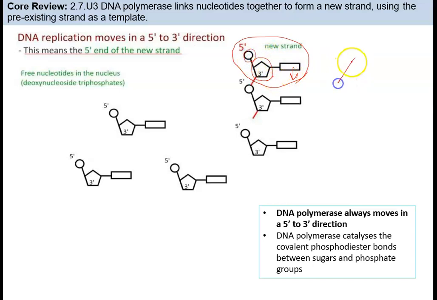And in this sugar, which is a pentose sugar, more precisely it is deoxyribose, not ribose, which has lost the oxygen here. We have the carbon numbers starting from here, 1, 2, 3, 4, and the carbon number 5 is here, and attached to this carbon number 5 is the phosphate group. So 1, 2, 3, 4, 5.